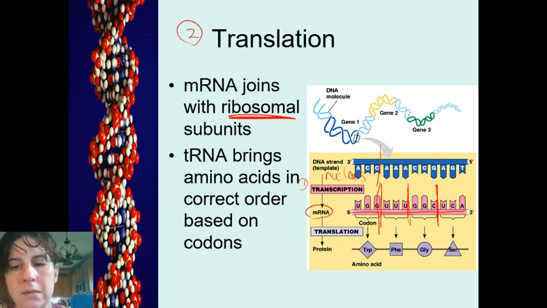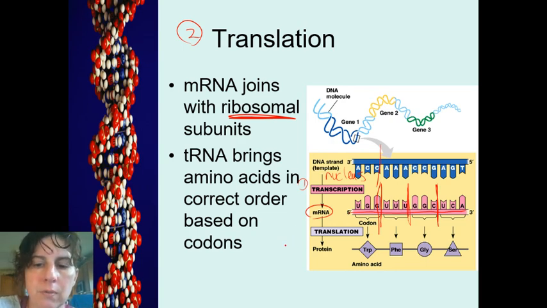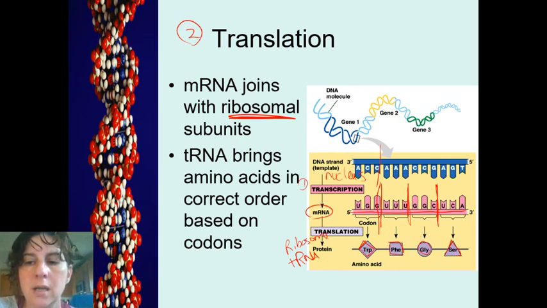Messenger RNA goes out to the nucleus, hooks up with a ribosome for translation to begin, and then tRNA is going to bring in these little amino acids. So each of these little shapes is one amino acid that is attached to a tRNA.